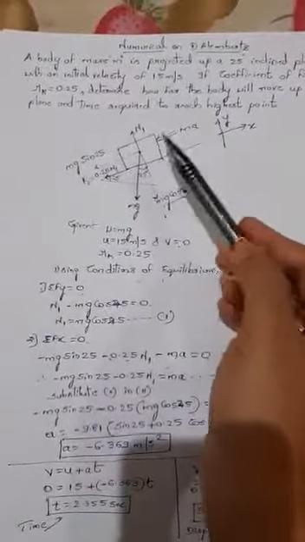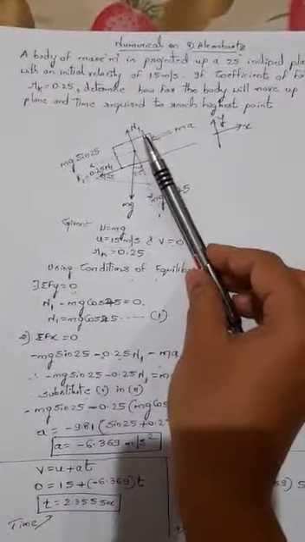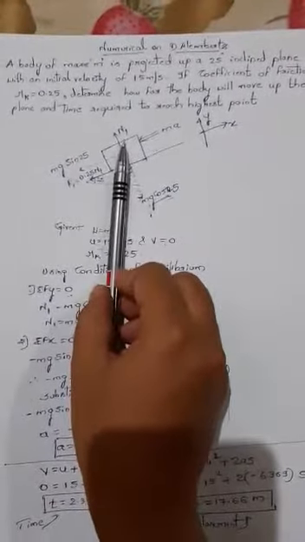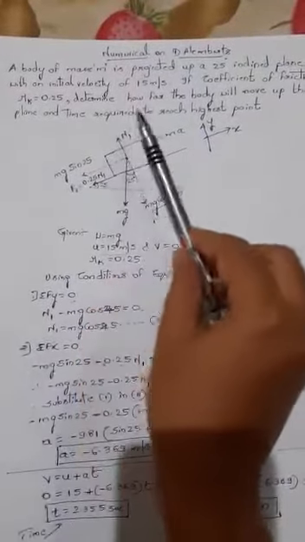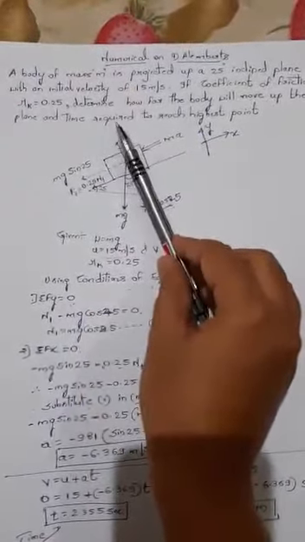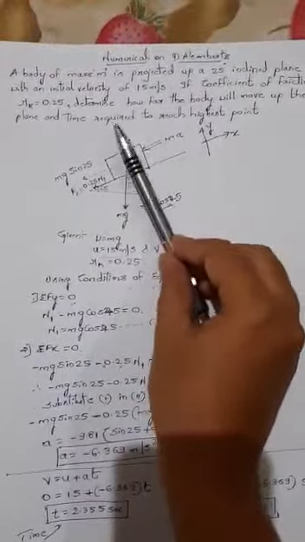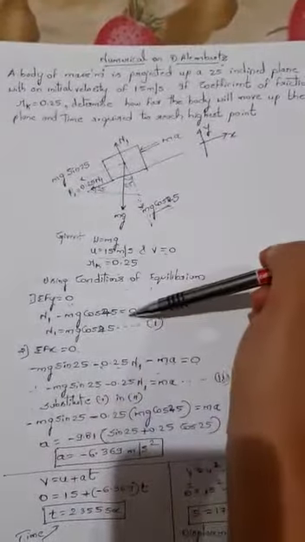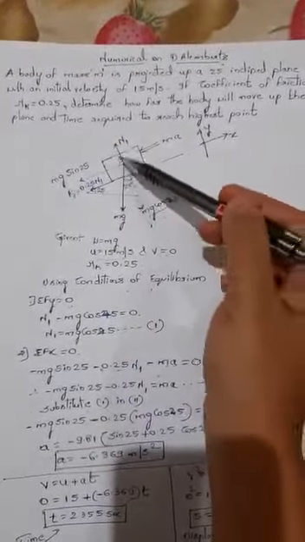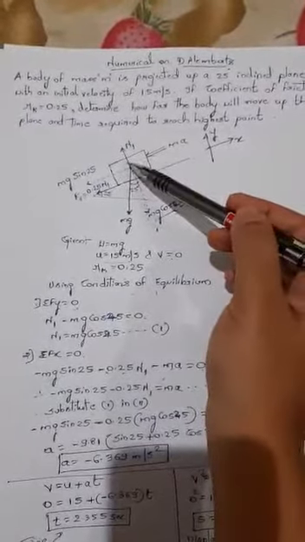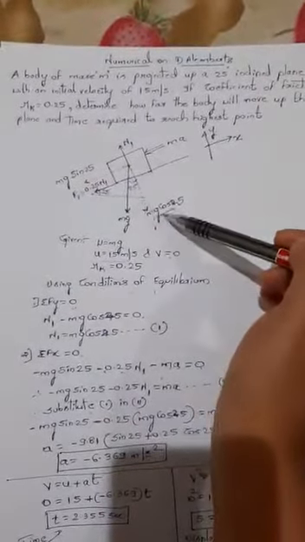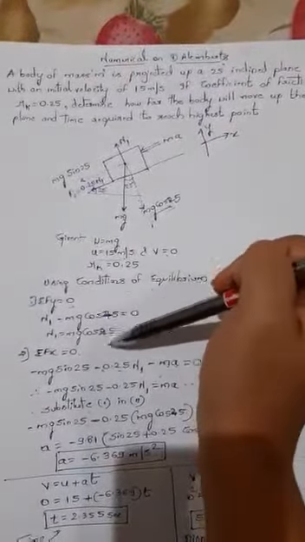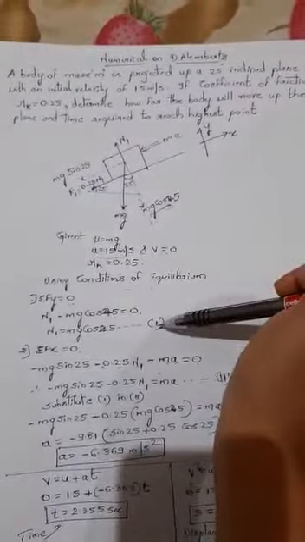Many students make a mistake here by considering forces with respect to the horizontal plane, but always consider the forces on the y plane, which is perpendicular to the incline. There are two forces along the y direction: N1 acting upward, so positive, minus mg cos 25 acting downward, so negative, equated to 0. Hence I get the value of N1. Name it equation number 1.